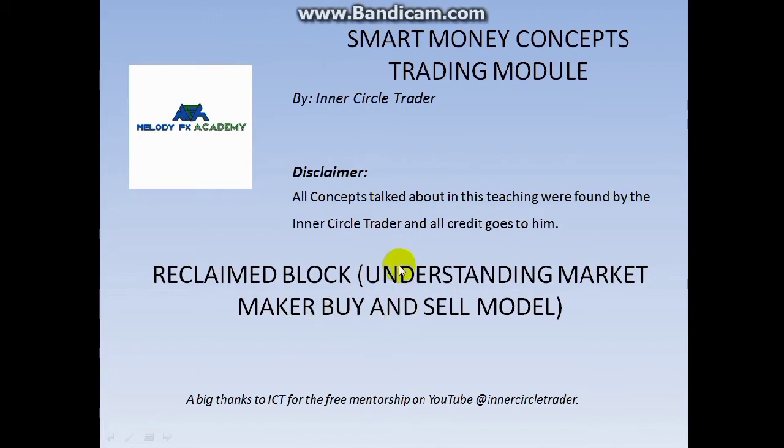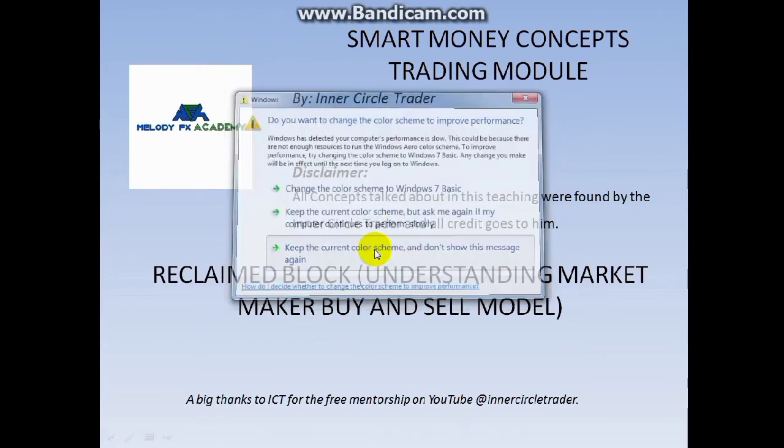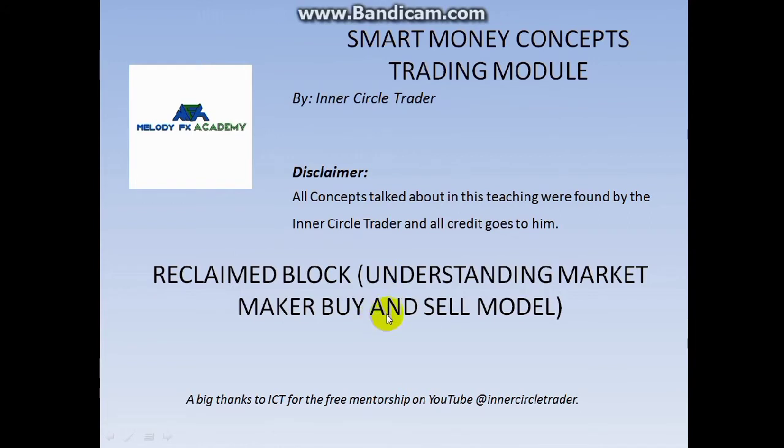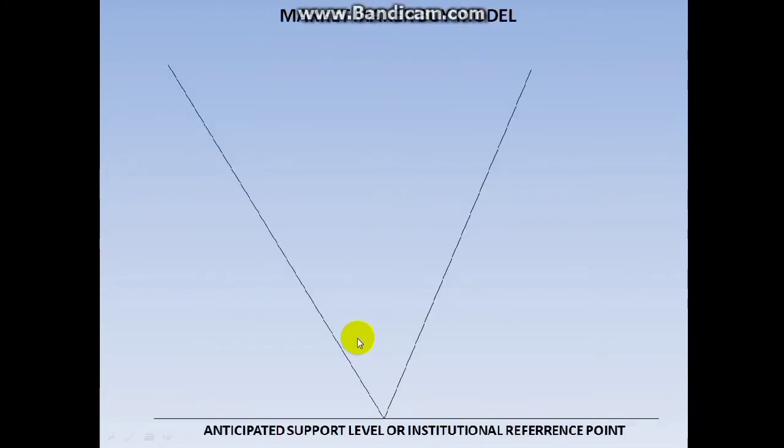Understanding the market makers' buy and sell model is a very important concept in smart money trading. When you are trading SMC, it's very important you understand this. So without further ado, let's get started.